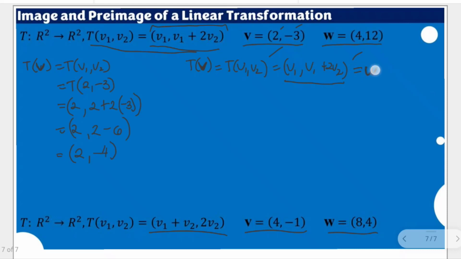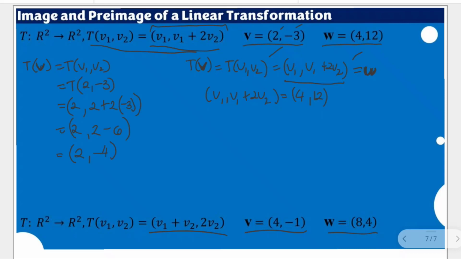In short, you will have v sub 1, v sub 1 plus 2 v sub 2, which is equal to your vector w, 4 and 12. Okay? And then we simply need to solve for the value of v sub 1 and v sub 2, which will comprise the pre-image, which is your vector v.